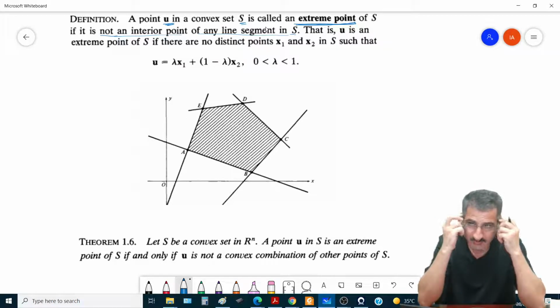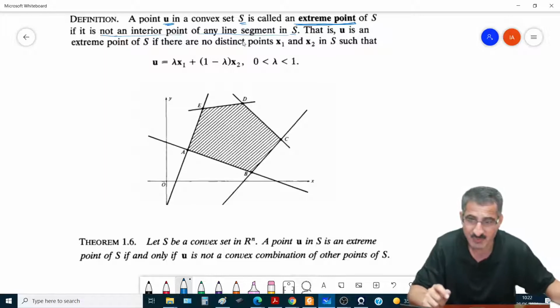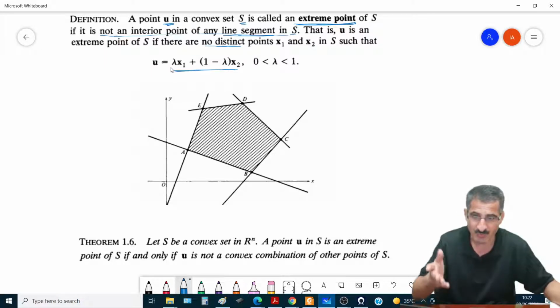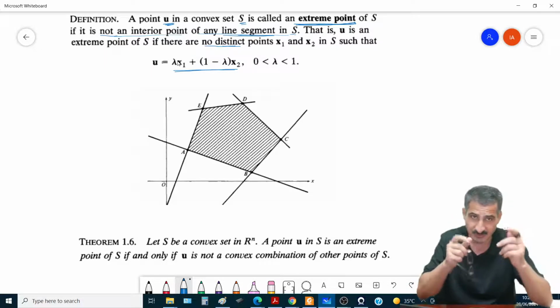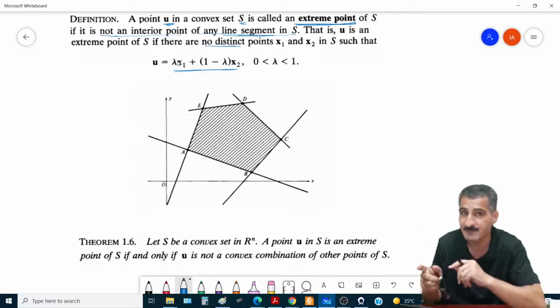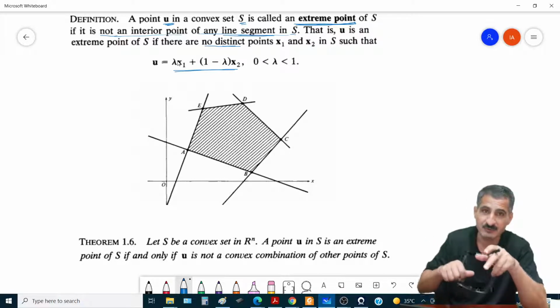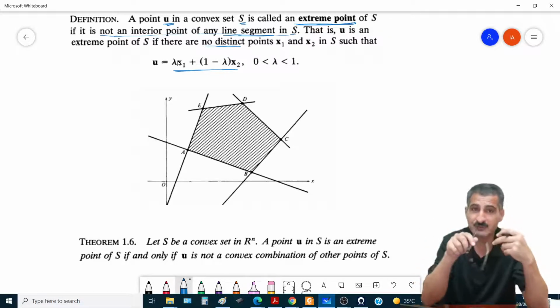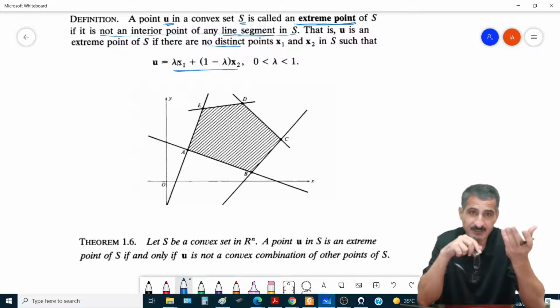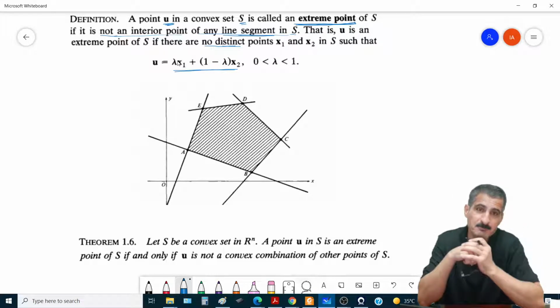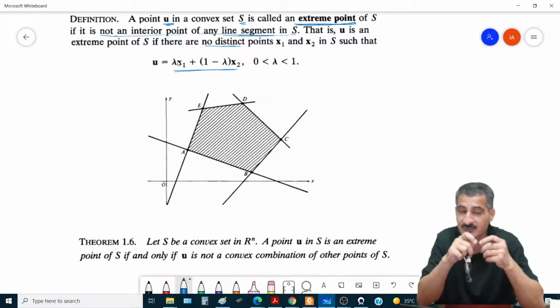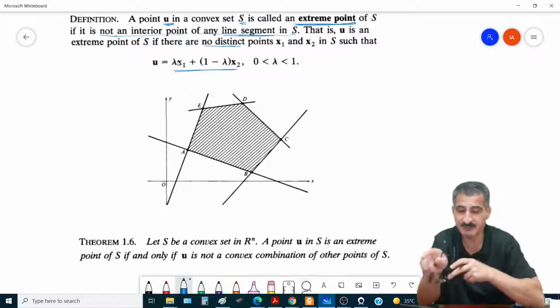That is, U is an extreme point if there are no distinct points x1 and x2 such that U equals lambda x1 plus 1 minus lambda x2 for some lambda, which means U is not in the line segment. There are no 2 points such that U is in the line segment between them.